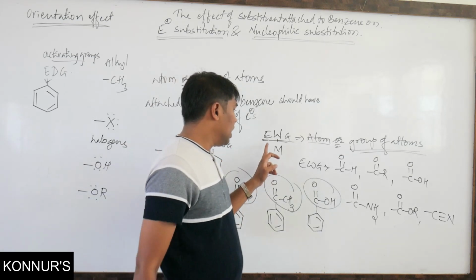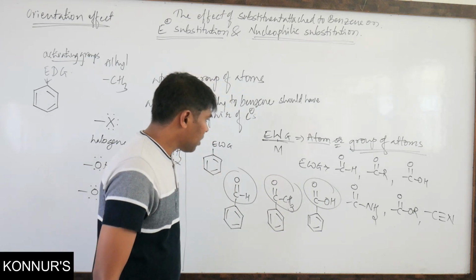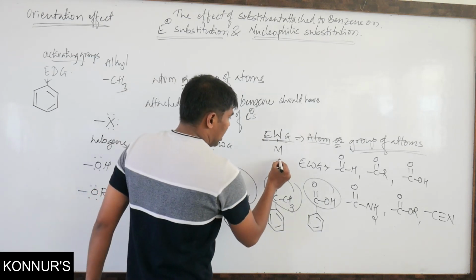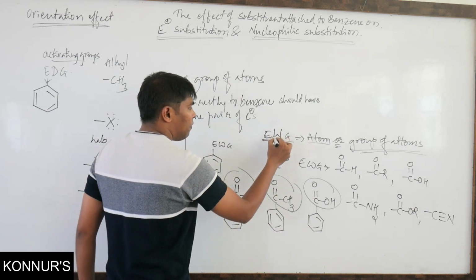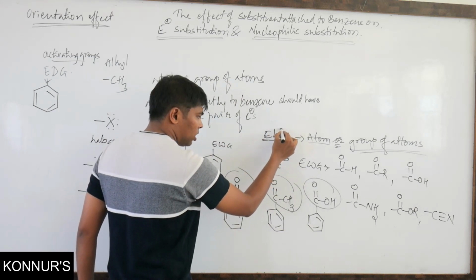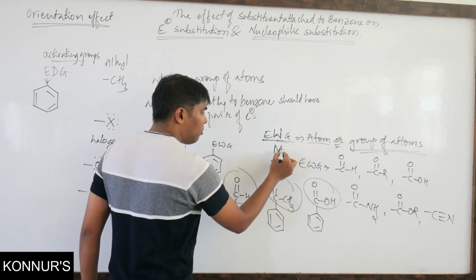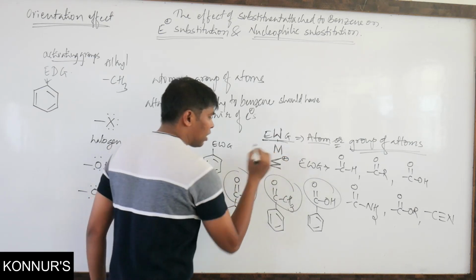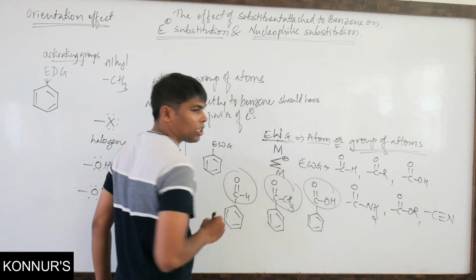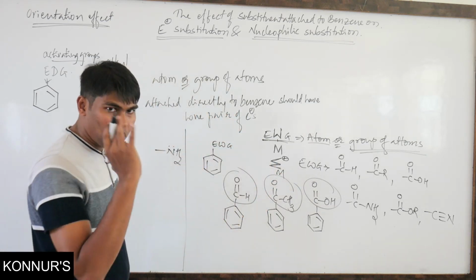So multiple bonded groups will direct the electrophile. Electron withdrawing groups are those which contain multiple bond, which direct the electrophile to meta position. This is the thing you need to know.